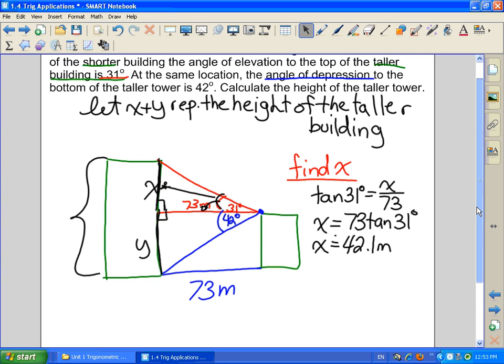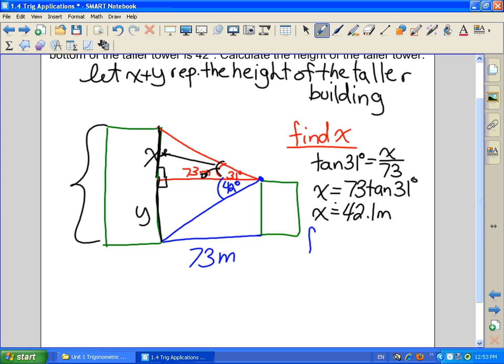All right, let's try and find y. I'm just going to move this down a bit. So to find y, again, we're using the blue triangle here. What information do we have? We're trying to find the opposite side, but we have information on the adjacent side. So again, we're going to use the tangent ratio.